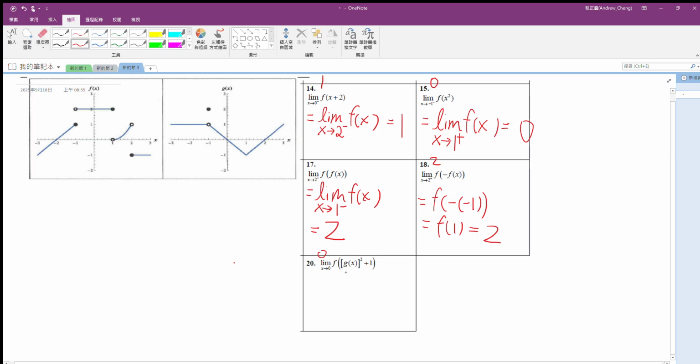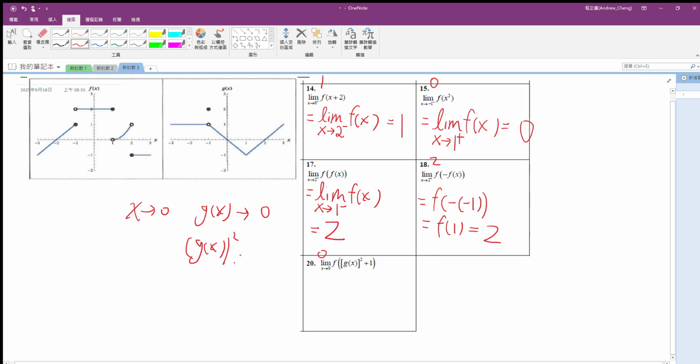All right, the last one. This one is also tricky. When x approaches 0, we think about what happens to g of x. G of x will also approach 0. But what happens to g of x squared when x approaches 0?